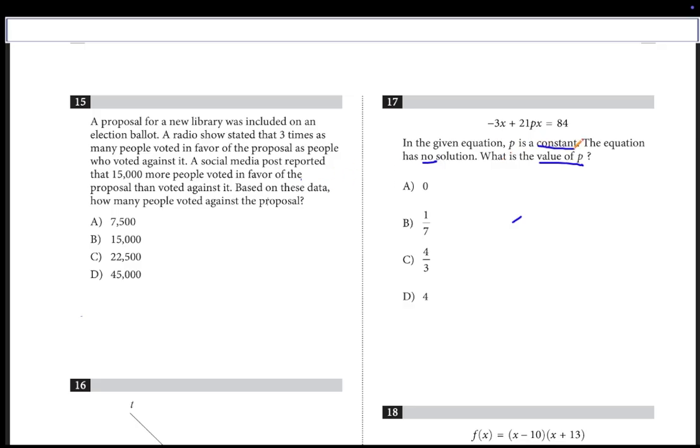So we know p is a constant. The equation has no solution. And the question asks what is the value of p. So now we're going to simplify this equation into the smallest possible terms to work with. So here we have negative 3x plus 21px is equal to 84. We're going to take out a negative 3 as a factor, and we're going to have 1 minus 7p.